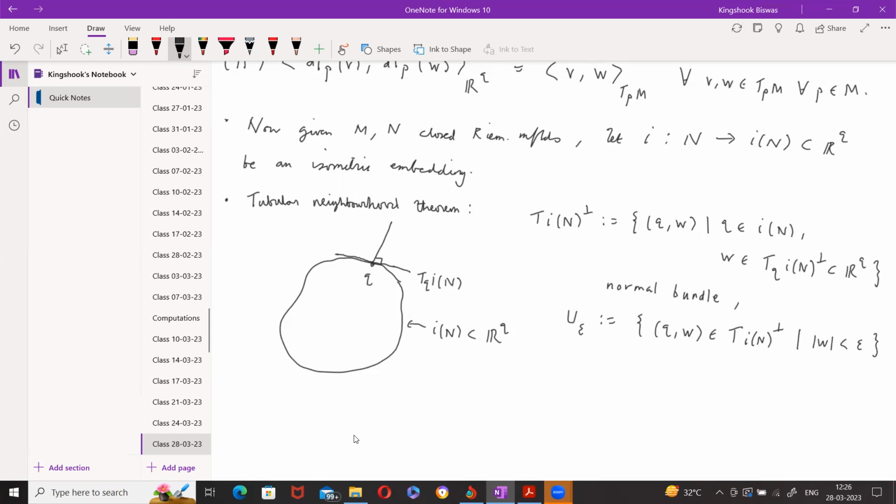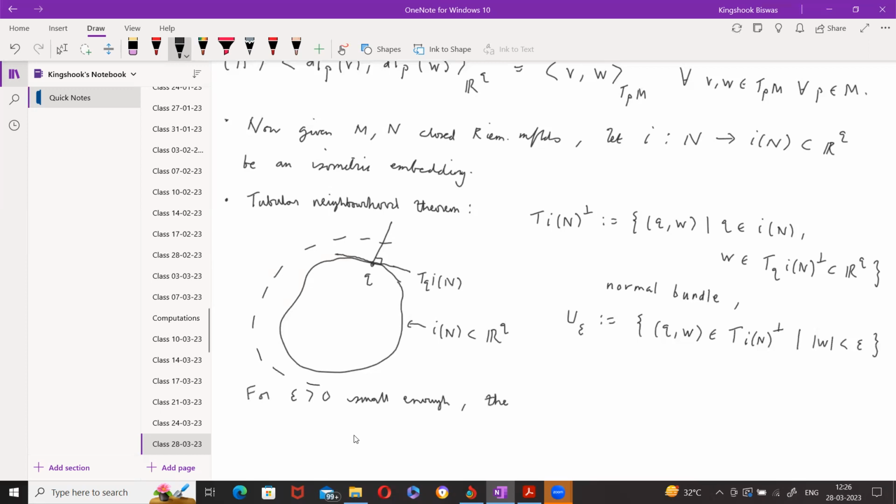So the tubular neighborhood theorem says for epsilon small enough, there's a map from this normal bundle to a neighborhood of the submanifold.